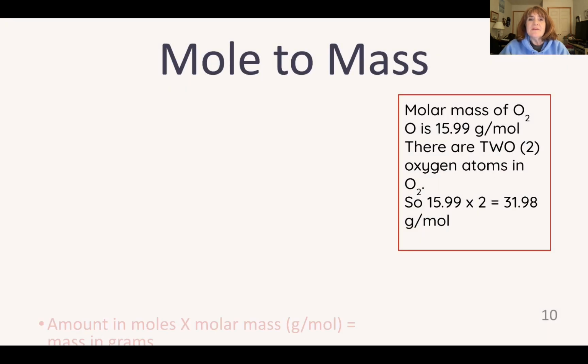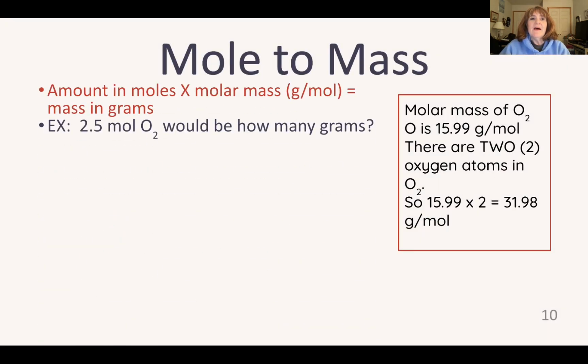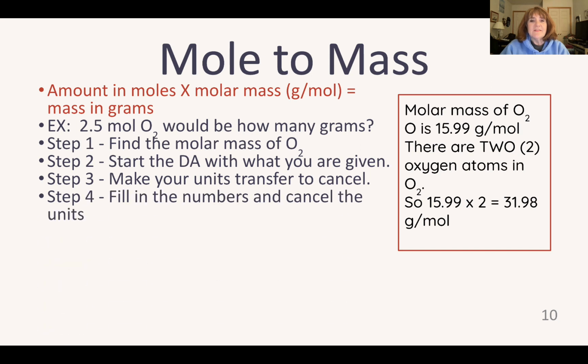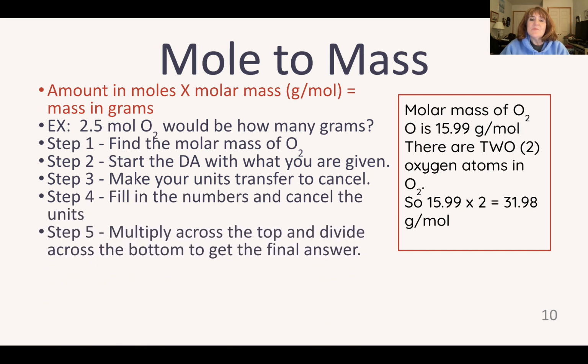So if you are given the problem, 2.5 mole of O2, how many grams would that be? Well, find the molar mass, start with the dimensional analysis, make your units transfer, fill in the numbers to cancel those units, and multiply across the top, divide across the bottom. So first we found the molar mass. The molar mass of O2 is 15.99 times 2, which is 31.98 grams per mole.